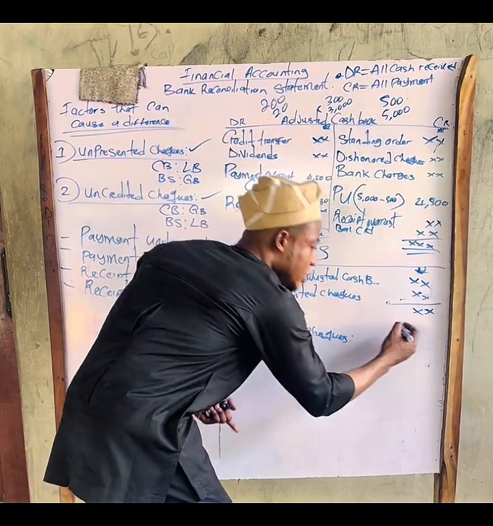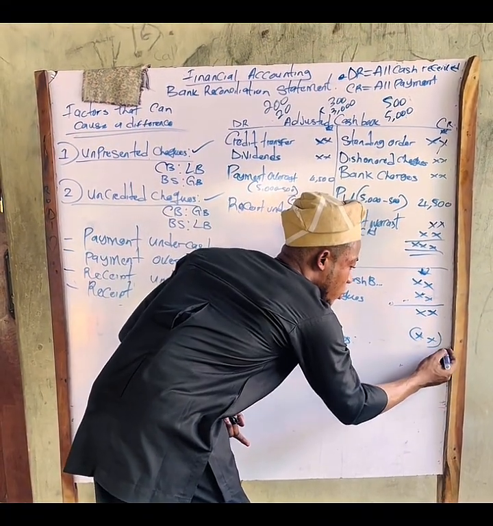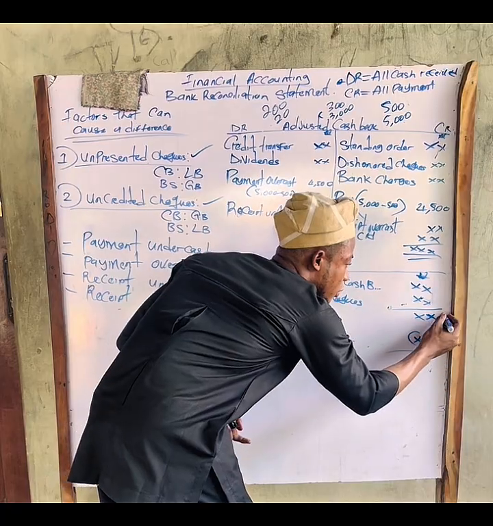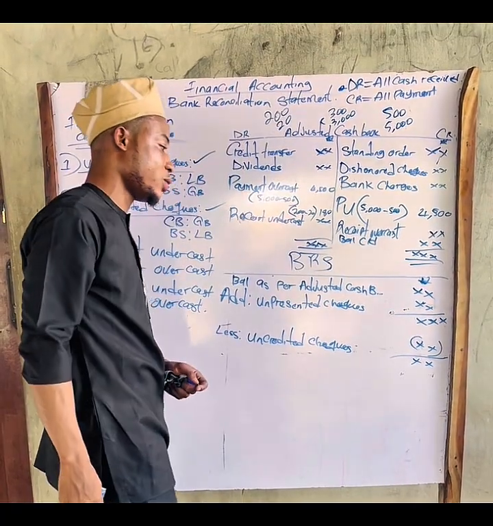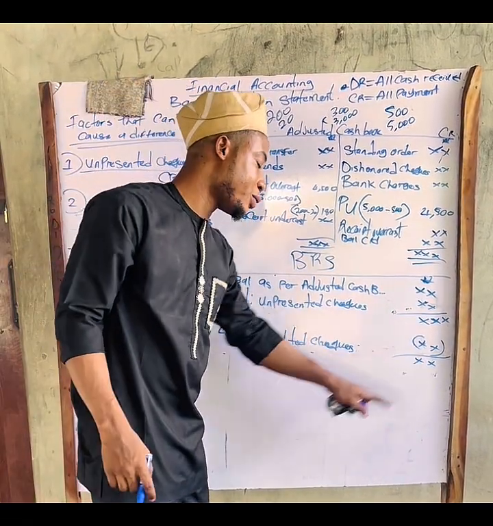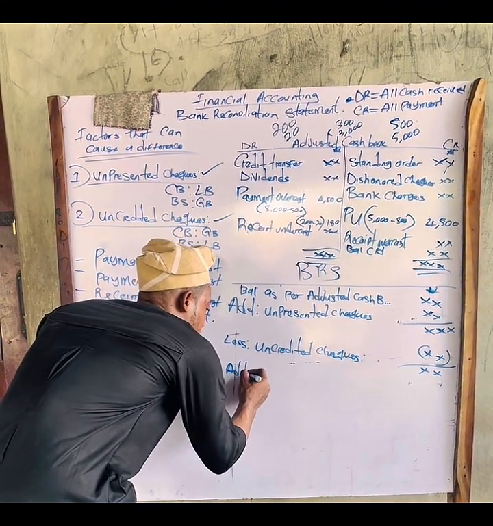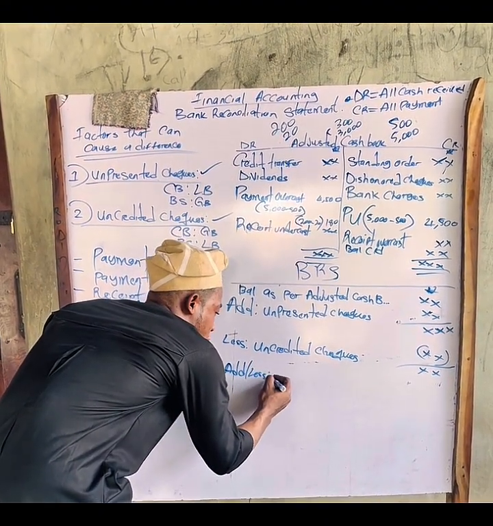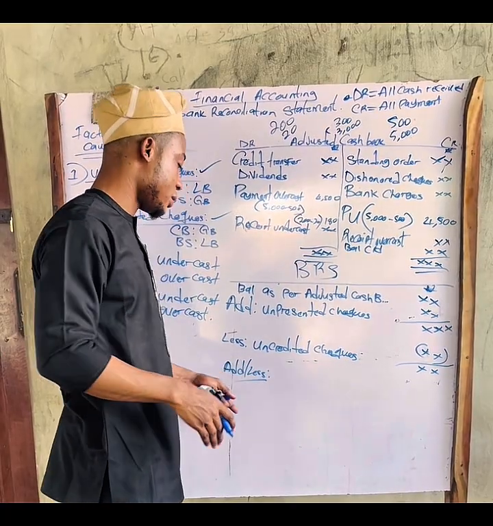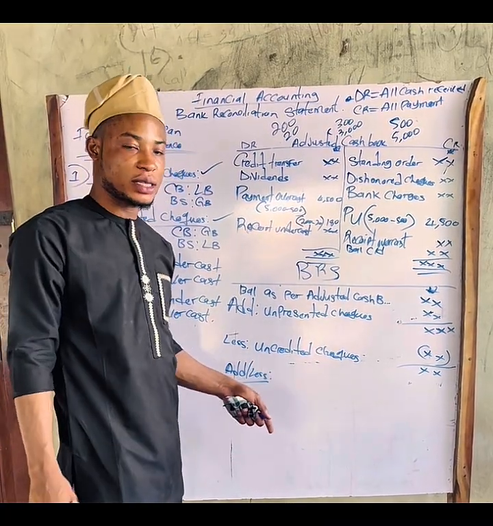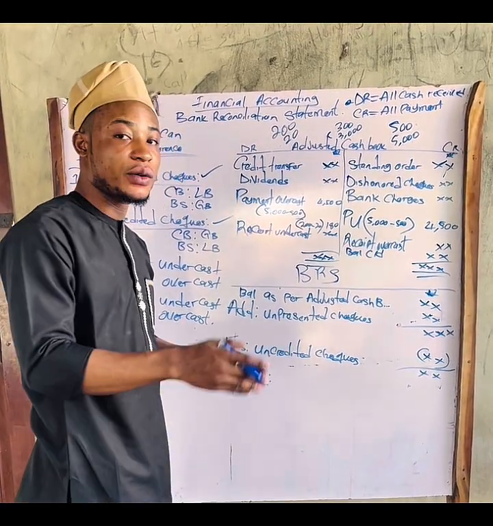For uncredited checks, we are going to less it. So the value, let's say this is 2, will be posted below. Then we also can have bank error. So sometimes it is added and sometimes we are going to less it, depending on how it is given in the question.